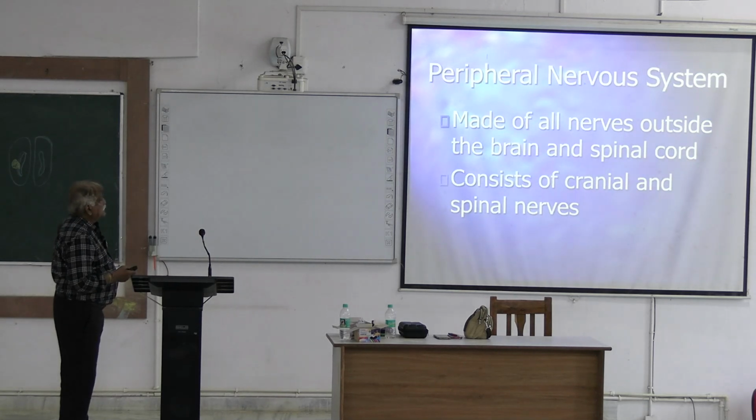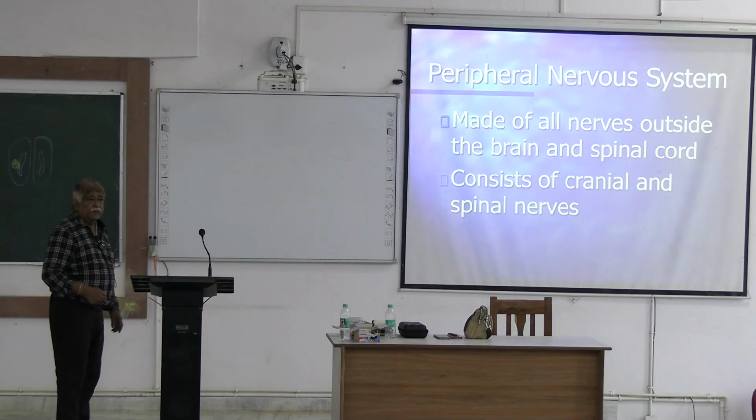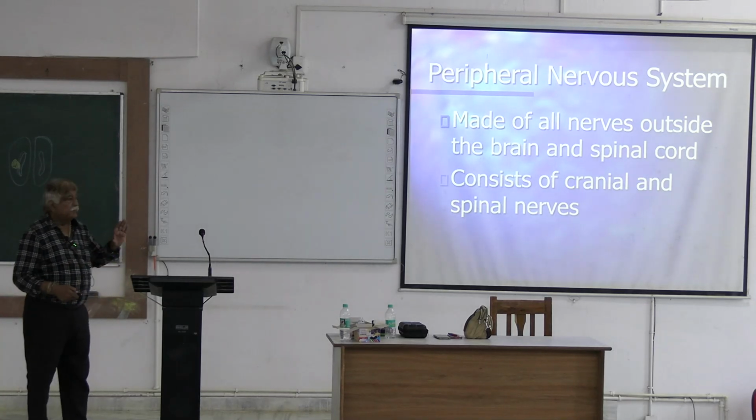Now, the peripheral nervous system is made of all nerves outside the brain and spinal cord, and consists of cranial and spinal nerves. Simple.